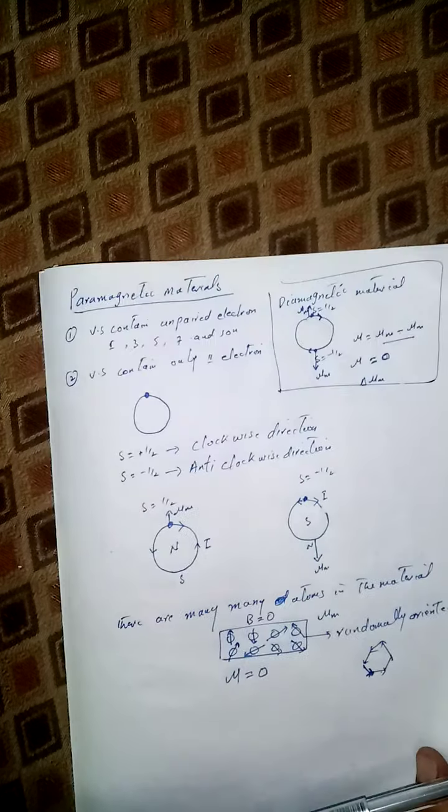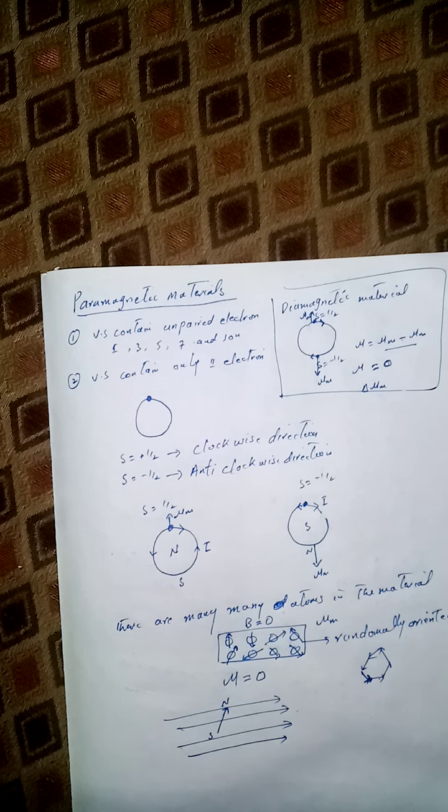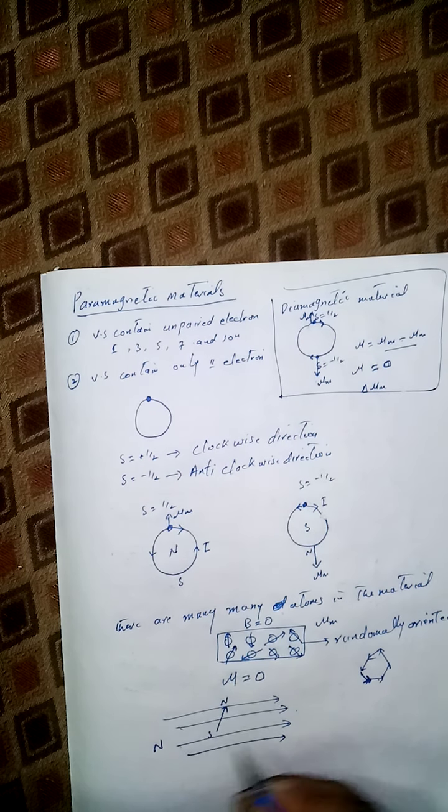Now suppose we have a single atom whose dipole moment is like this, so this is the south pole and this is the north pole, and suppose we apply the magnetic field in such a way that this is the north pole and this is the south.